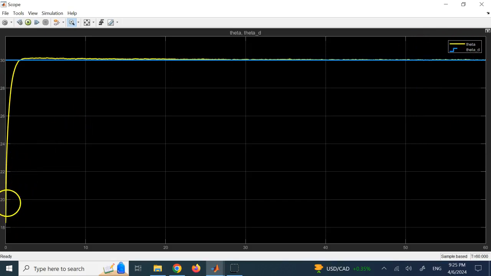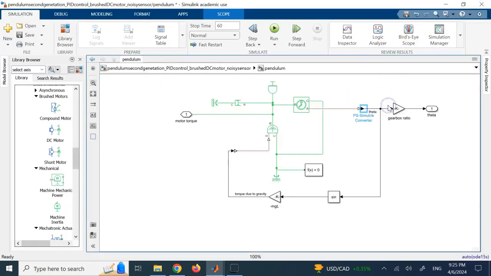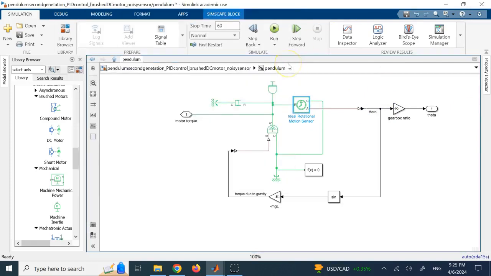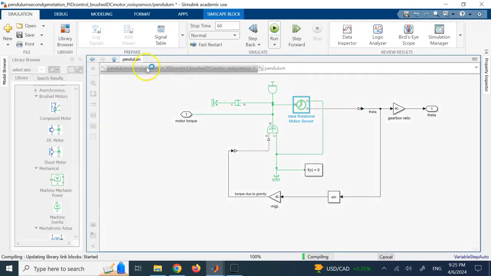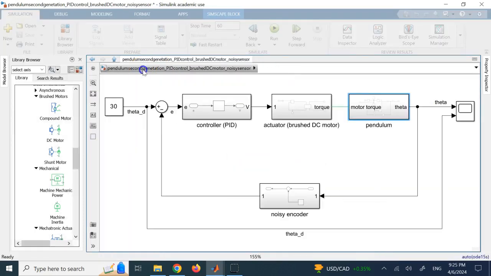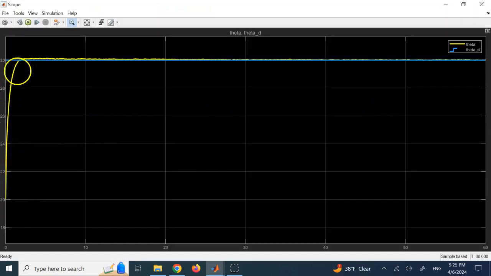I made a mistake here. This should be 118, not 108, because it's divided by 5.9, not 5.4. So now it should start at 20 degrees, and then it goes to 30 degrees.